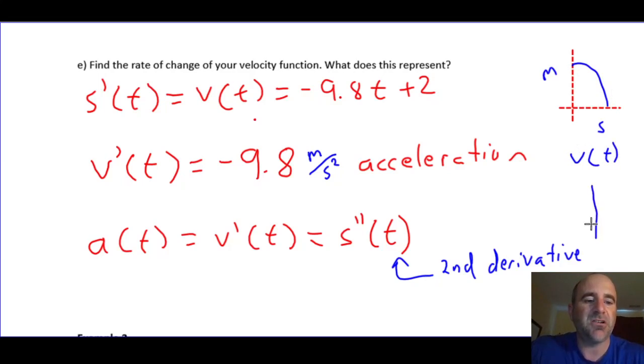Now, the velocity graph still has seconds on the t axis, but its y values are in meters per second. The velocity graph, which is this one right here, is actually a straight line that goes down. Its rate of change is meters per second divided by second, which gives you meters per second squared.